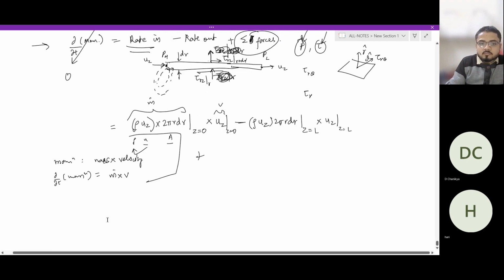So these are the sum of forces, right? What is the force in the r plus dr direction?